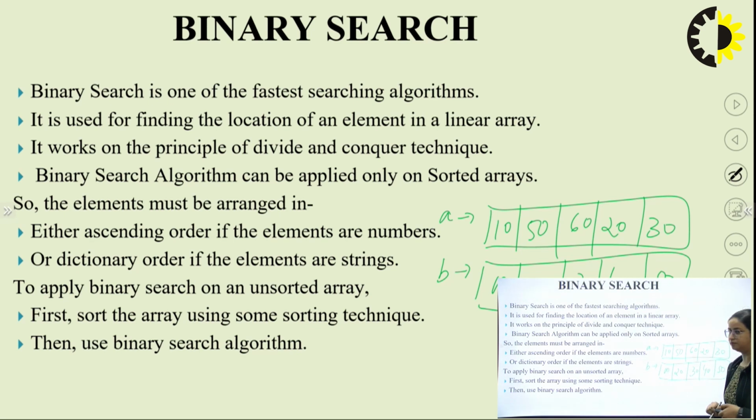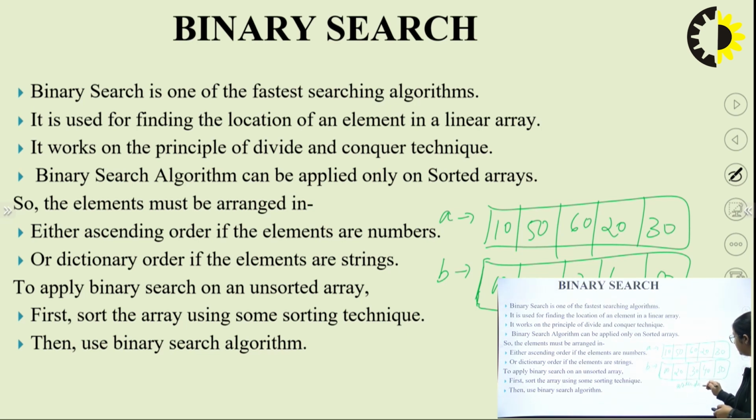You can compare both arrays. The elements of the first array are in an unsorted manner, meaning we have not arranged them in either ascending or descending order. But the elements of the second array, 10, 20, 30, 40 and 50, are in a sorted manner, arranged in ascending order.